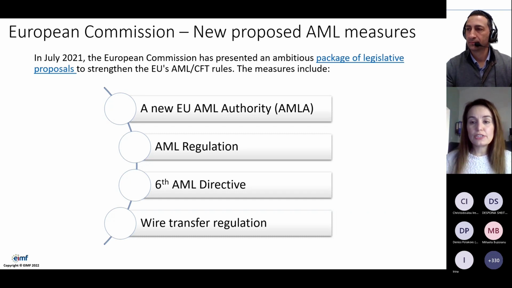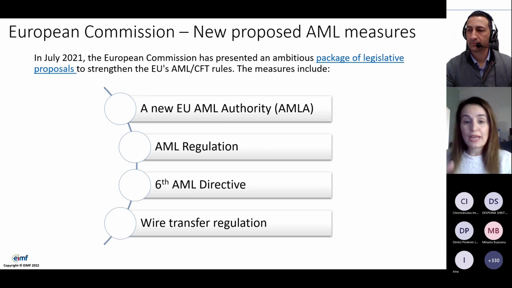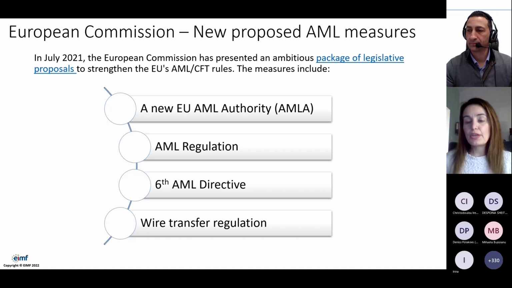A second change, the second part of the package, is a new AML regulation. A regulation is directly implemented in all European member states. There will be no need to be transposed into the member states' national law. So we have this AML regulation directly implemented. However, recognizing that some countries have different risks, they will create the 6th AML directive.